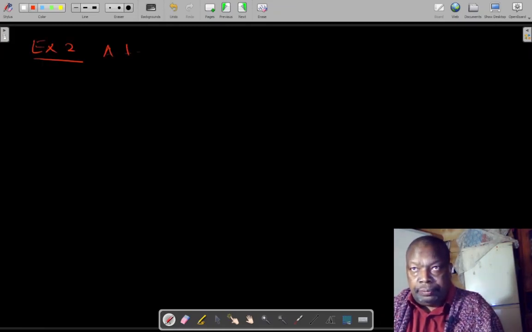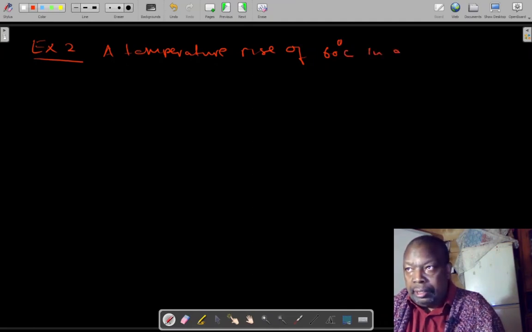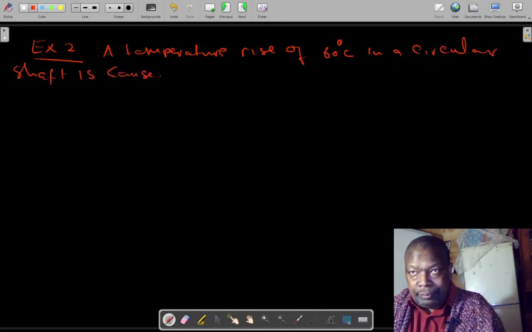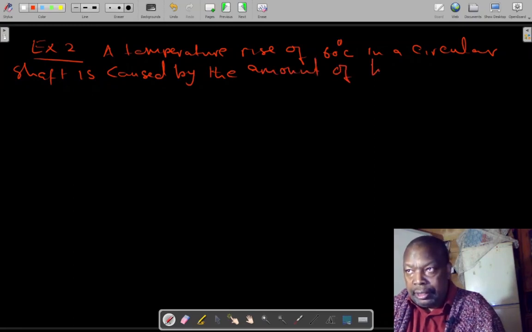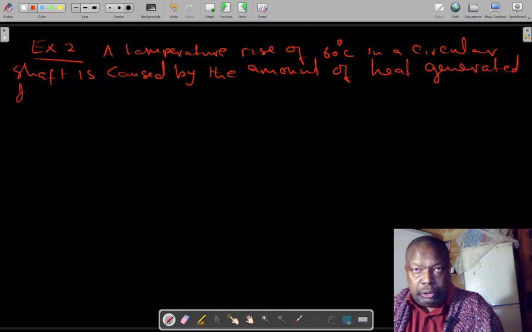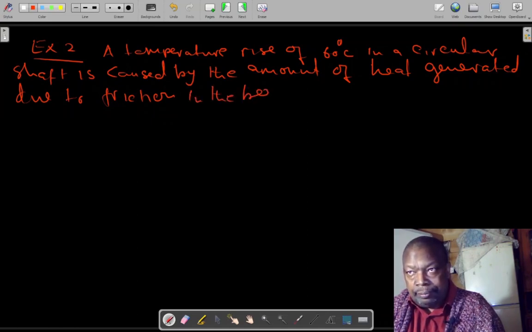And it reads, a temperature rise of 60 degrees in a circular shaft is caused by the amount of heat generated due to friction in the bearing mounted on the shaft.